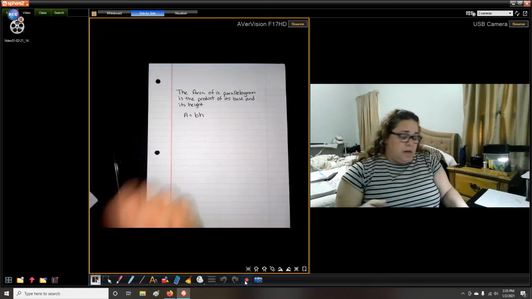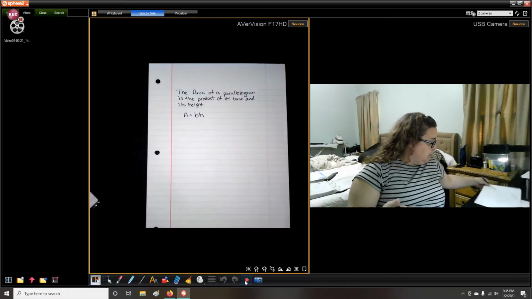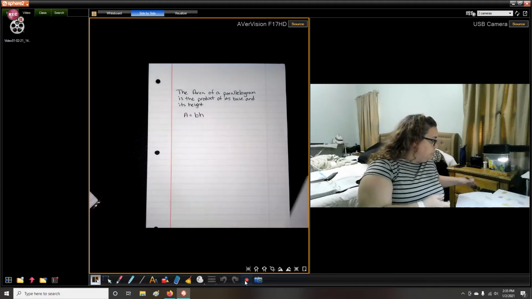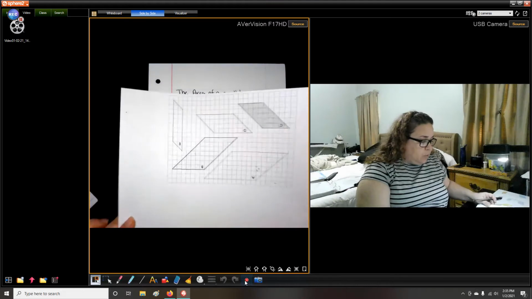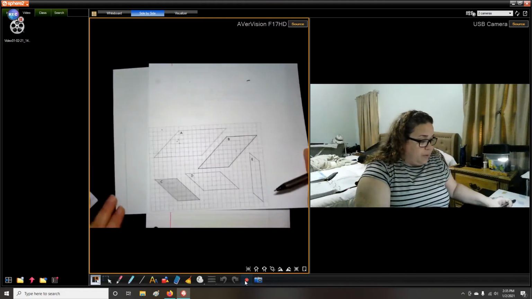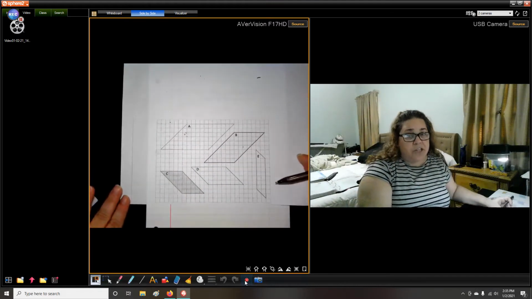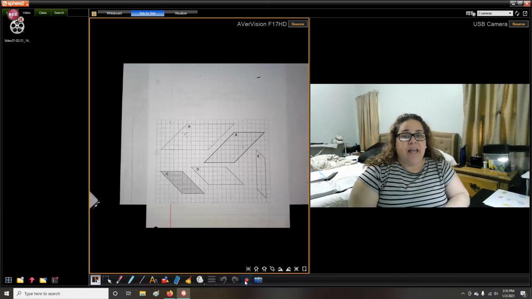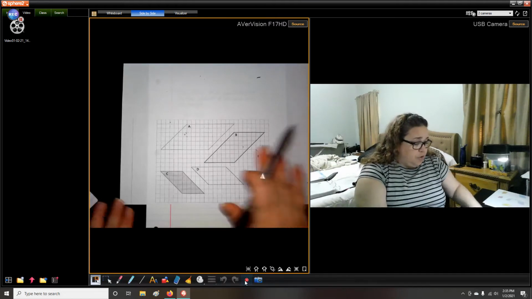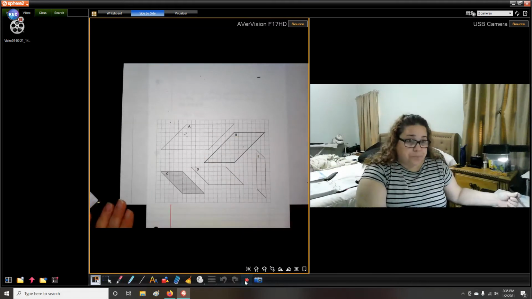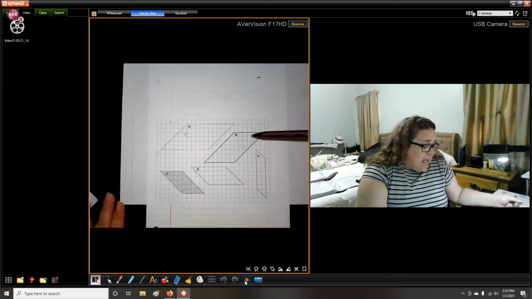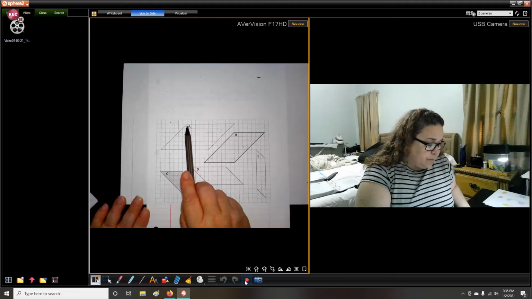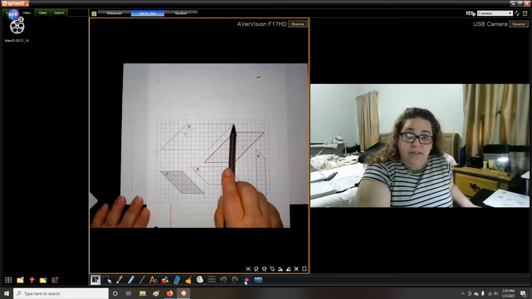So, let's take a look really quickly at what I was talking about with the square units. Okay, so here are some shapes. They're all parallelograms, and they're on a grid. What I want you to look at is the corner of each shape.